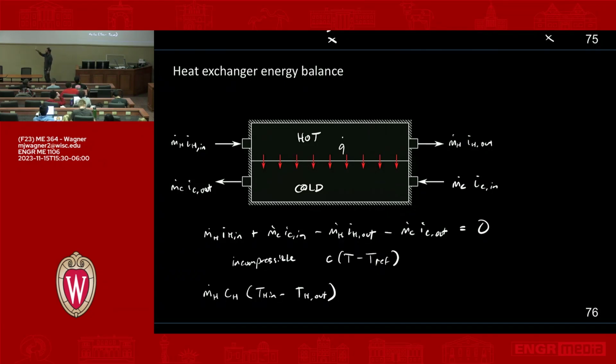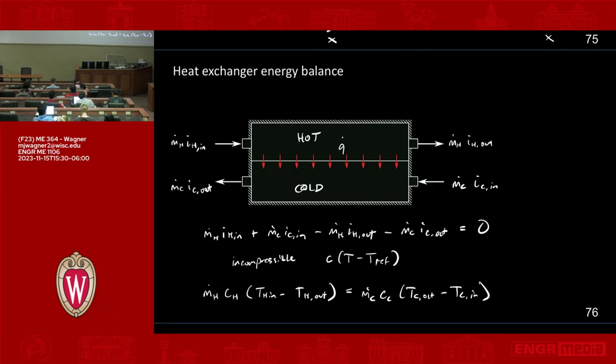C h, so we'll be careful, c h is the specific heat of the hot fluid. And then we're just doing that energy balance on that top part, grouping things together. And then that's equal to m dot c, c c, T c out minus T c in.